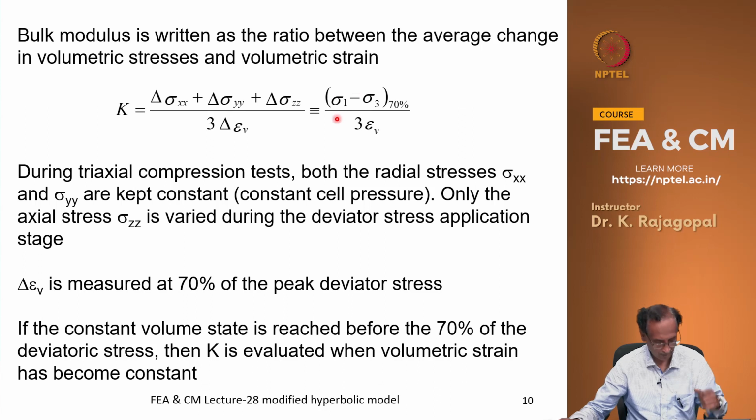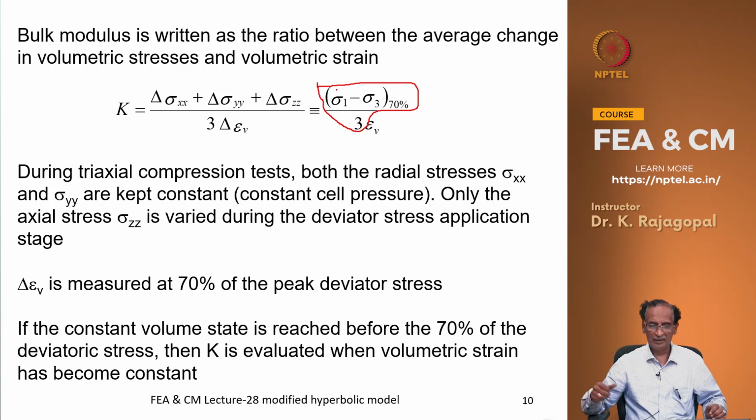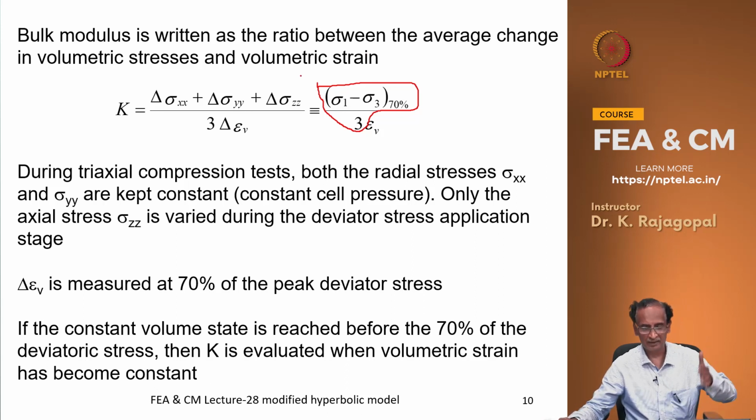This is our mean normal stress, because our sigma x and sigma y are 0, and the only normal stress that we have is the axial stress.